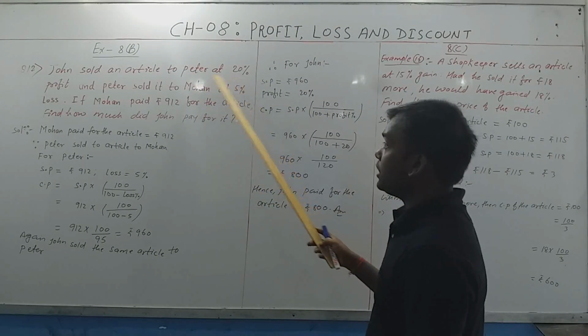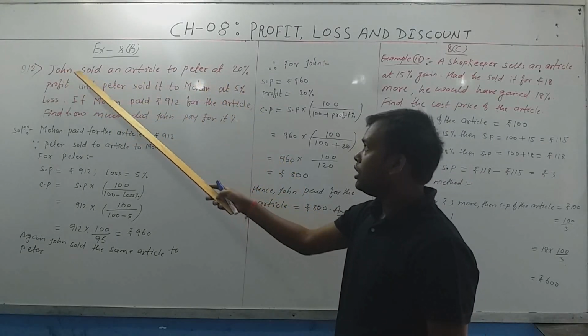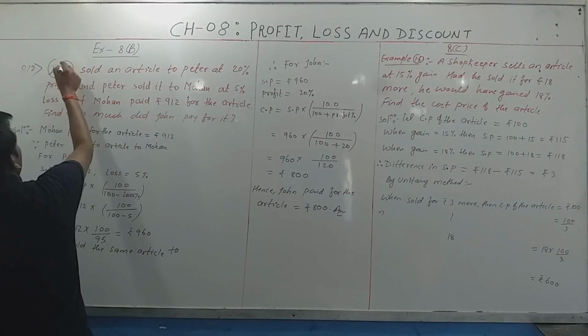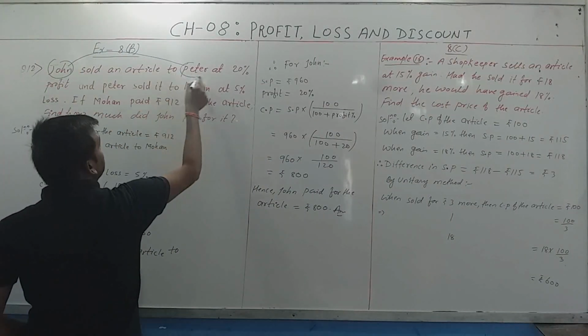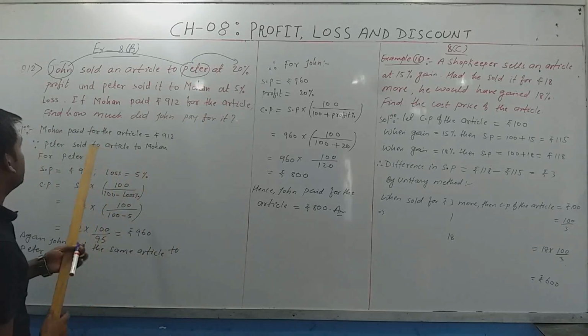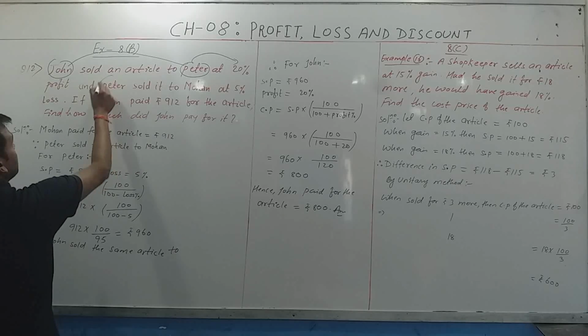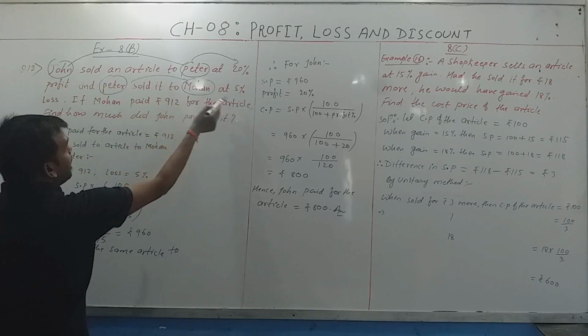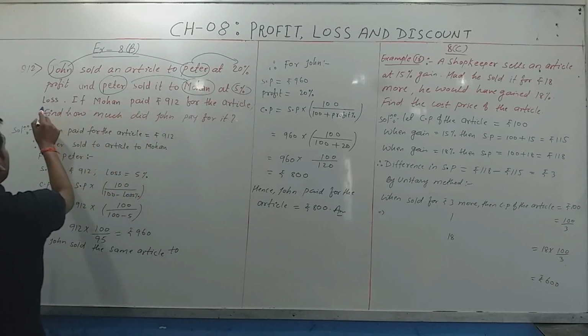Now see one question from exercise 8B: John sold an article to Peter at 20% profit, and Peter sold it to Mohan at 5% loss.